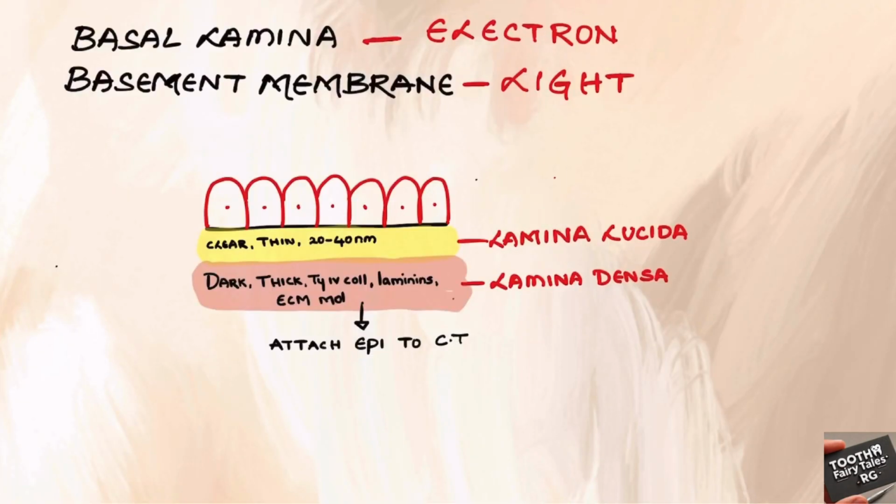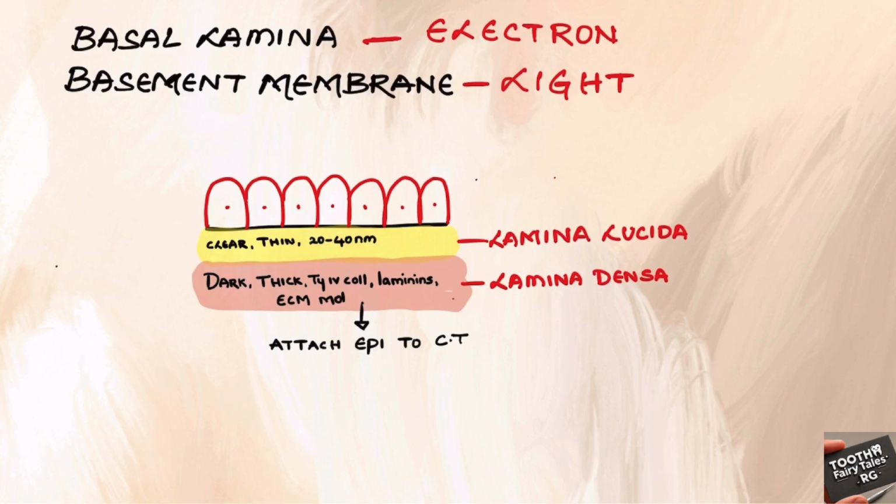The terms basal lamina and basement membrane are often used interchangeably, but they refer to the same structure viewed from different perspectives. Under a light microscope, the structure is called as basement membrane, but under an electron microscope, it is called as basal lamina. Basal lamina itself is made up of two layers, lamina lucida and lamina densa. Lamina lucida is clear and it is thinner layer compared to that of lamina densa, and it is having the thickness of 20 to 40 nanometers.